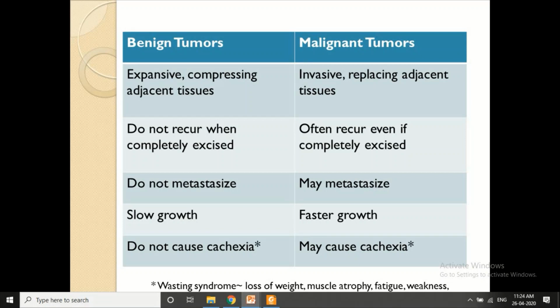Benign tumors do not metastasize, but malignant tumors may metastasize. Benign tumors are slow growing and malignant tumors are very fast growing. Benign tumors do not cause cachexia and malignant tumors may cause cachexia.